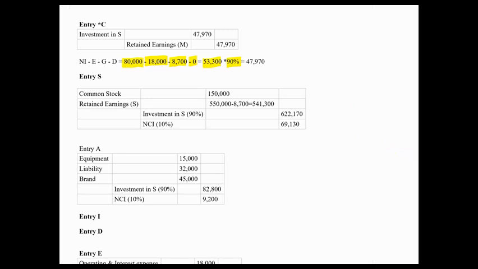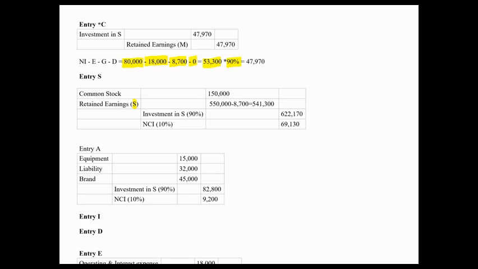Okay, so the next entry is entry S. Entry S is to eliminate the subsidiary equity account balances. So debit common stock and debit retained earnings. I use S here to mean subsidiary, and the common stock balance is 150,000, and the retained earnings adjusted balance is 541,300.